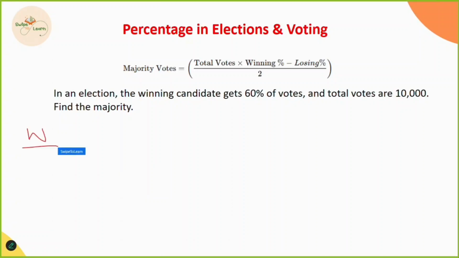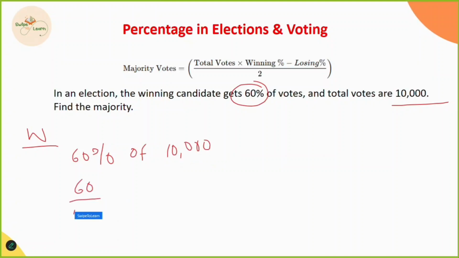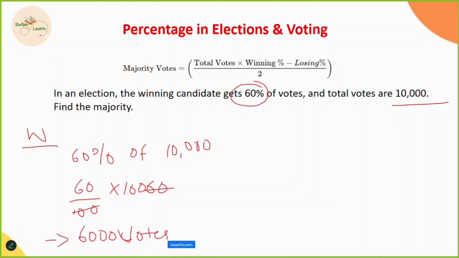The total number of votes is 10,000 and the winning candidate got 60%. So 60 divided by 100 into 10,000, the zeros get cancelled and the answer is 6,000. So the winning candidate got 6,000 votes.